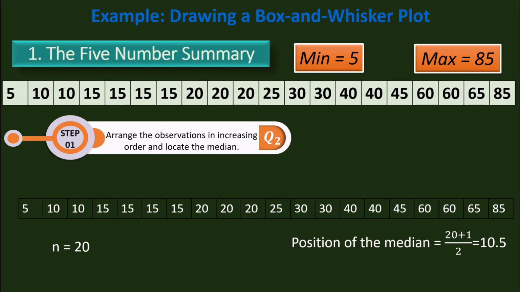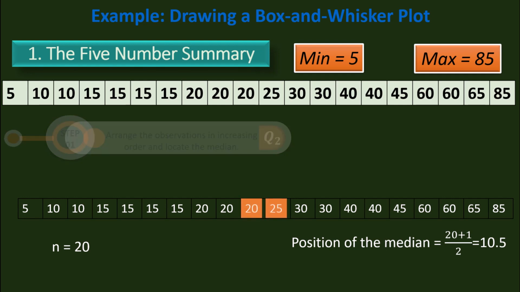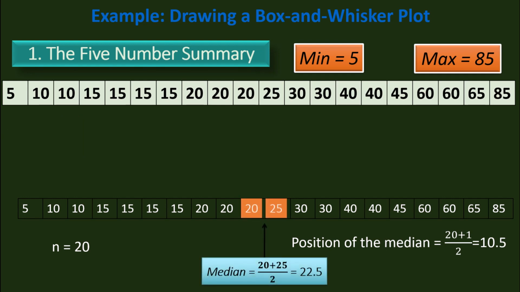It is 10.5. I explained this method in a previous video. If you cannot remember, please go back and watch it again. Now we know the position 10.5. Therefore, we should consider the 10th and 11th numbers and get the average of these two numbers. That is 22.5. So that is the median.